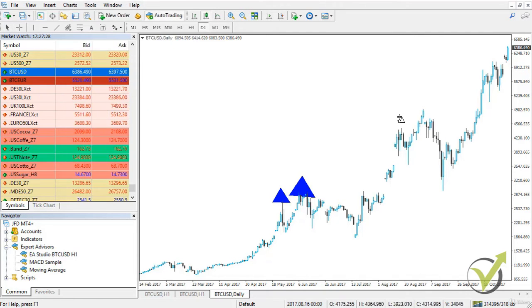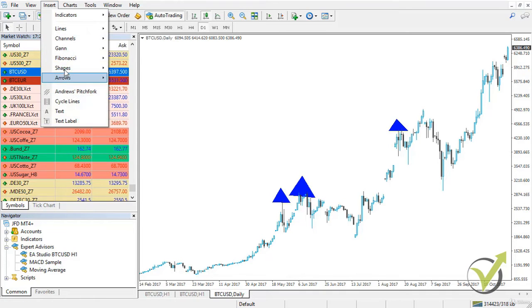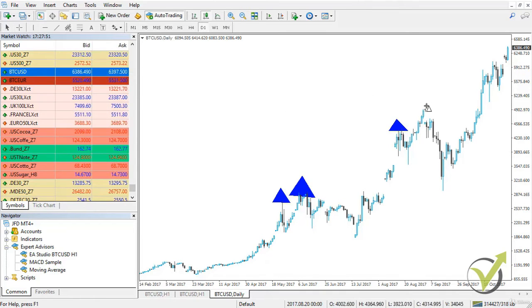So all of these highs form a series of higher highs, meaning that each one is higher than the previous one. Okay, so it's a series of higher highs, and we have two more here.